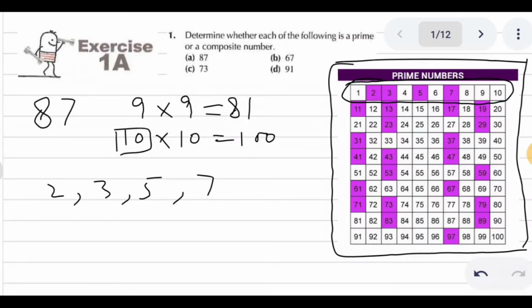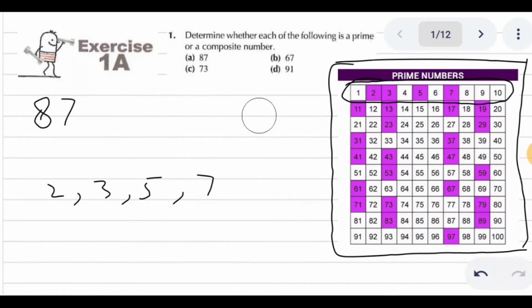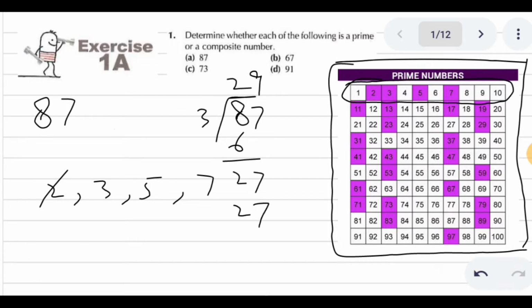Now we have to divide 87 by 2. Is it in the table of 2? No, because it is not ending on an even number. Is it in the table of 3? Yes. 3 2s are 6 and 9 3s are 27.